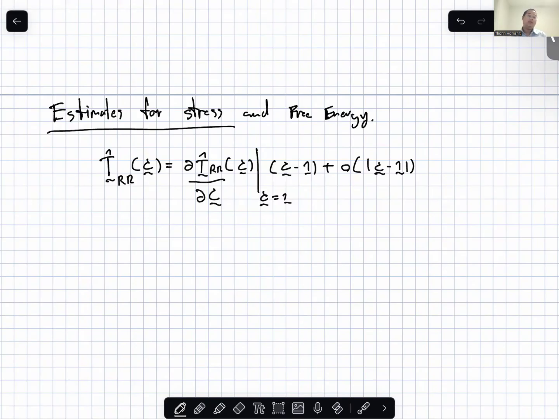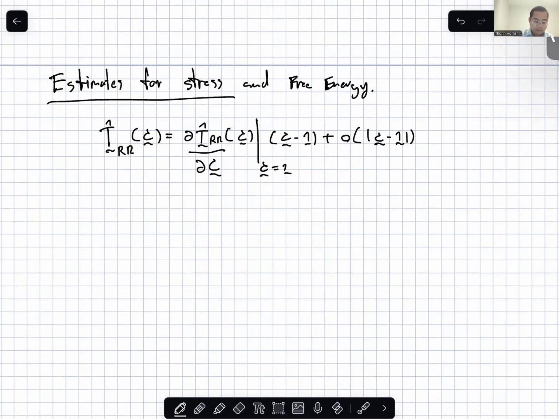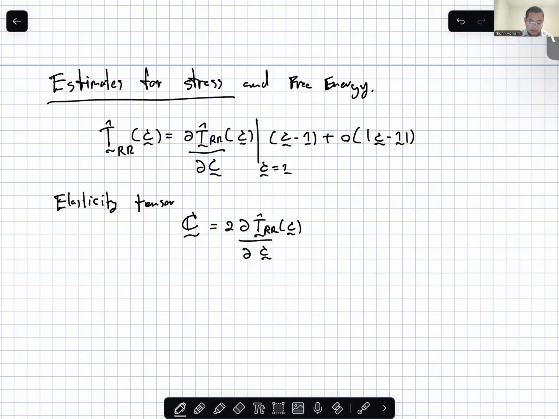And once we get here, we're going to introduce what we call the elasticity tensor. By definition, the elasticity tensor, the very big C, is equal to 2 times the partial derivative of the function TRR with respect to C at C equal to 1.